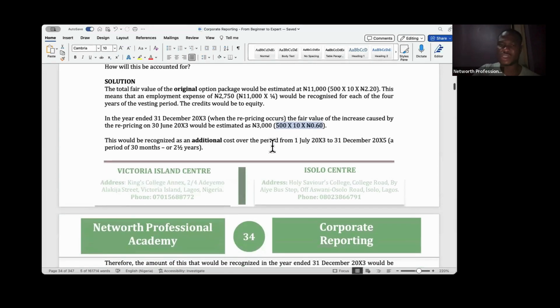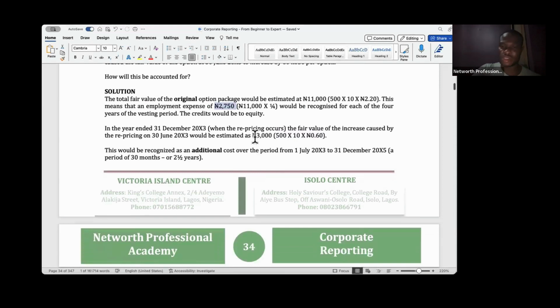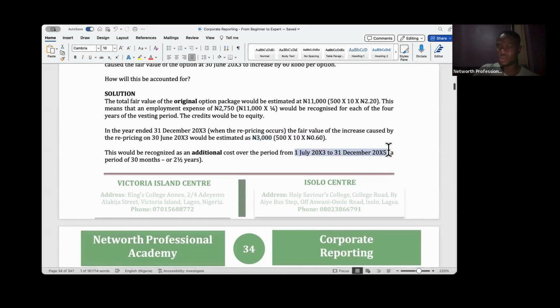For the first year, the 2,750 that we got, I want to believe you understand how to get this. And the increase, this 3,000, is from July to December. So this 3,000 is going to be recognized over those periods.